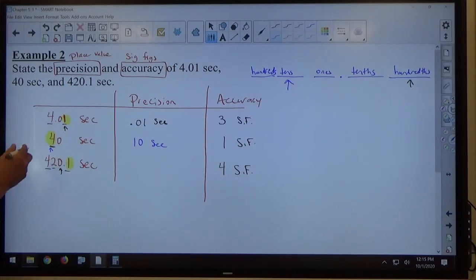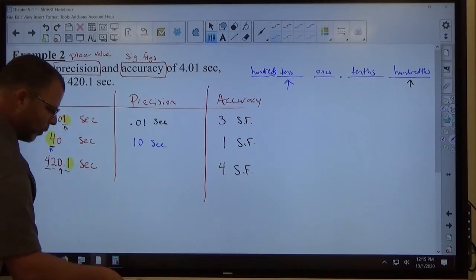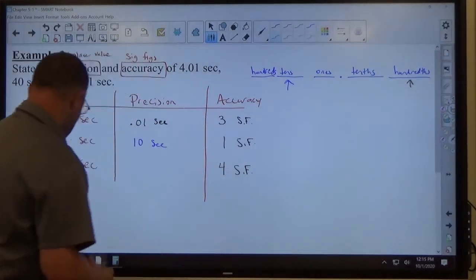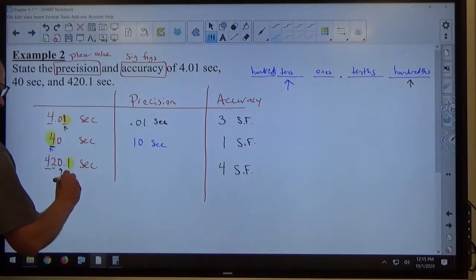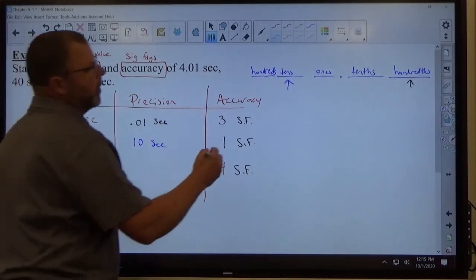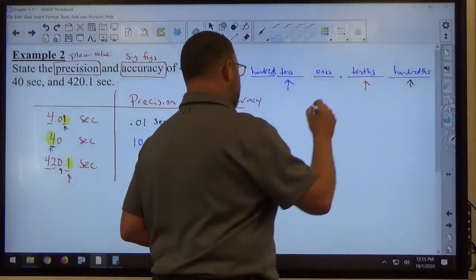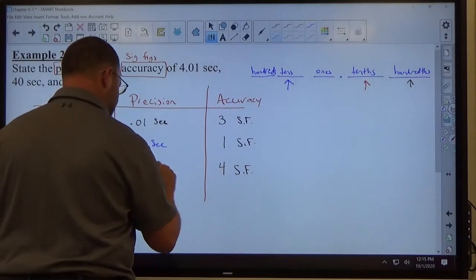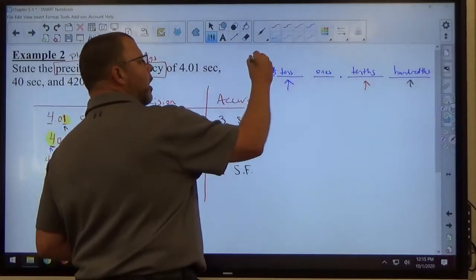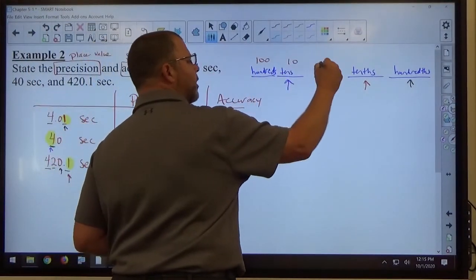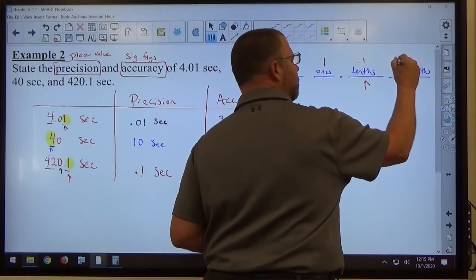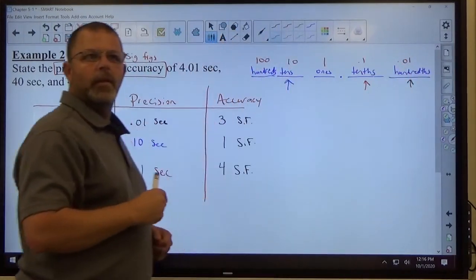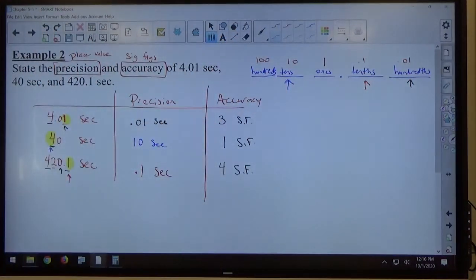Right? So 420.1, this is my furthest right significant digit. It's in the tenths place. So it's the nearest 0.1 second. All right? Again, 100, 10, 1, 0.1, 0.01. Whatever place you end up with, that's what you're going to put as your answer.